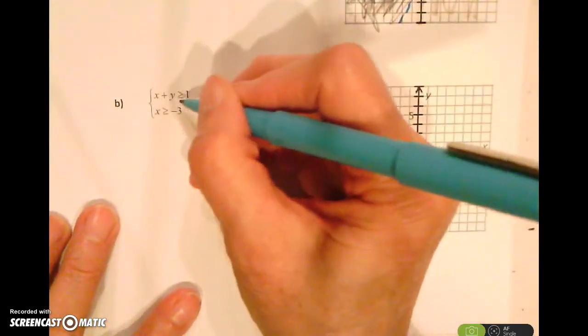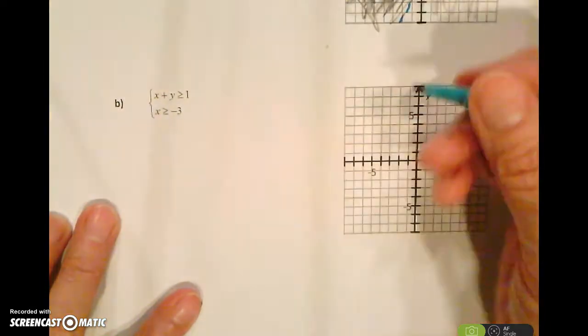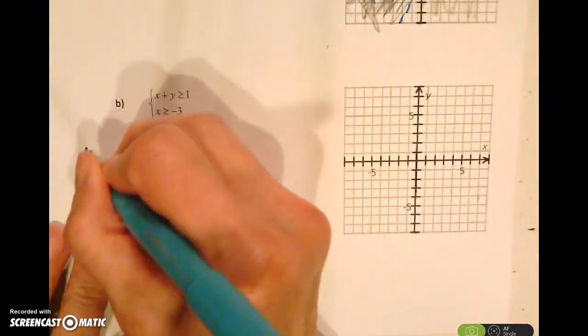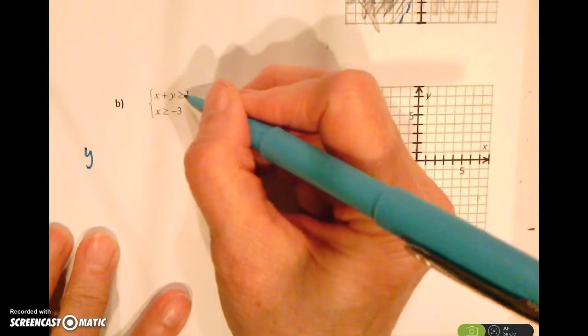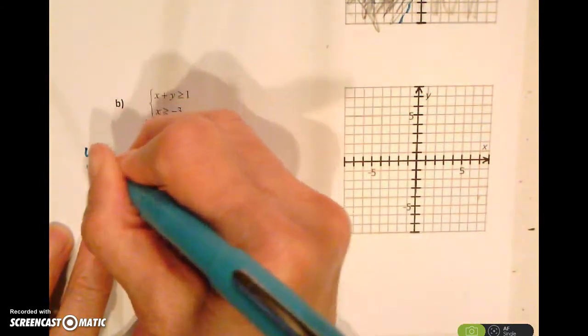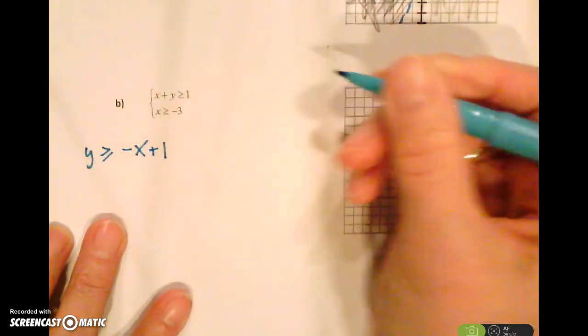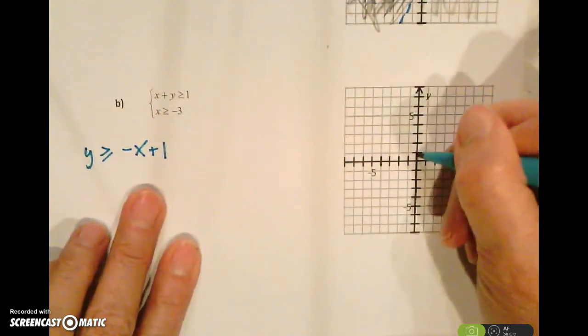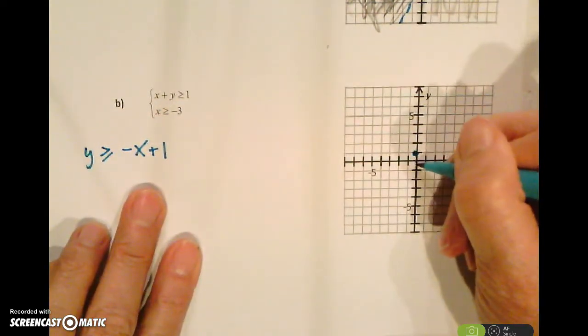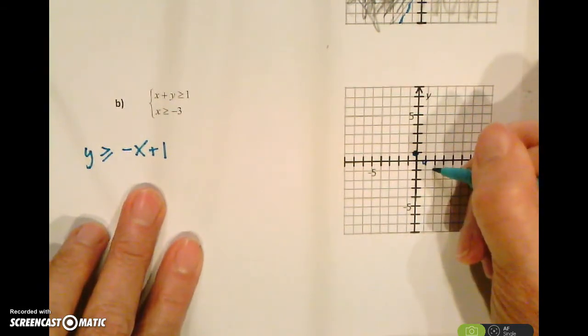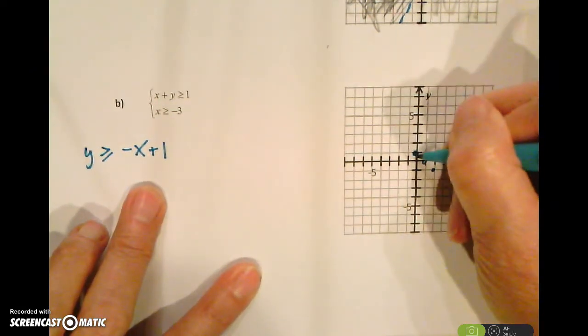Here I have x plus y is greater than or equal to 1. So we'd have that y, I'm going to subtract x from both sides. It's greater than or equal to, that's going to give me negative x plus 1. So it's a plus 1. The slope again is a negative 1. And this time it is a solid line.